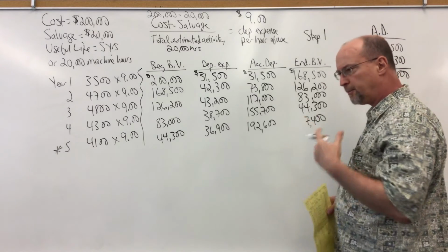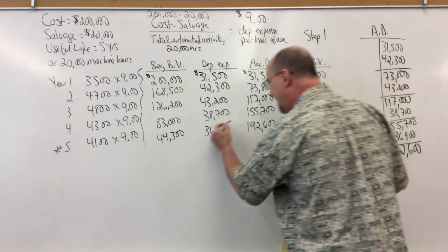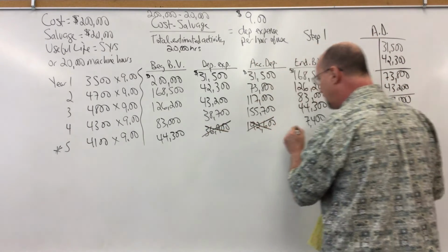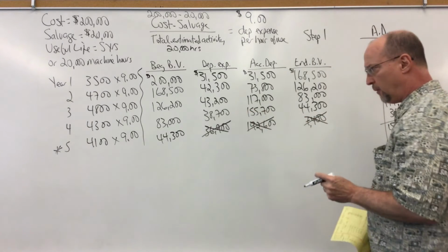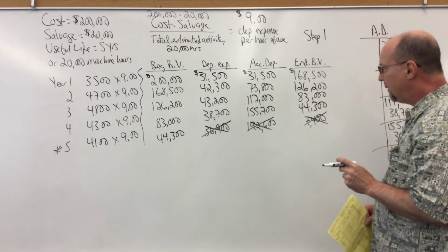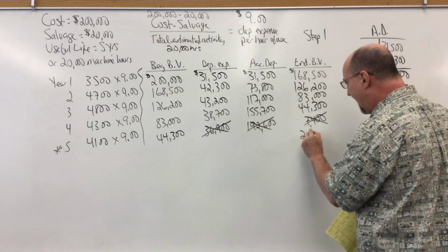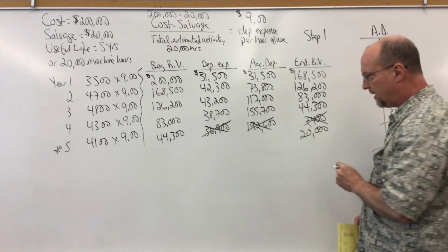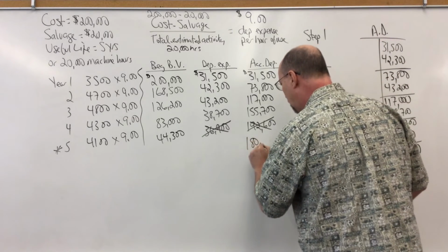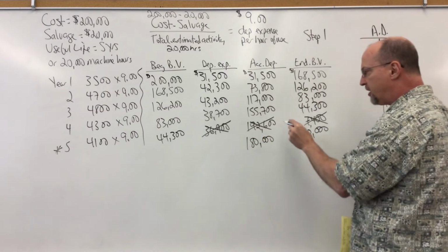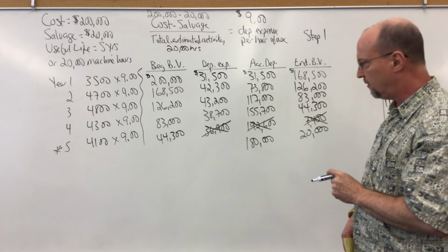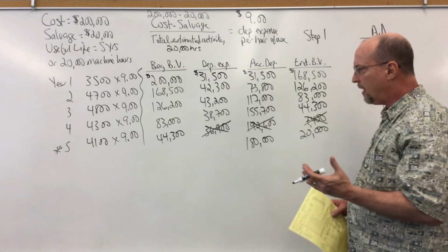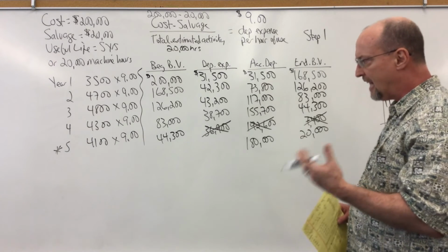I cannot depreciate below salvage value, so I cannot record the full amount of the calculation that we came up with. Instead, I have to know that ending book value cannot be below salvage, in this case $20,000. That means accumulated depreciation cannot exceed $180,000. So how do I figure out the depreciation expense for the last year?